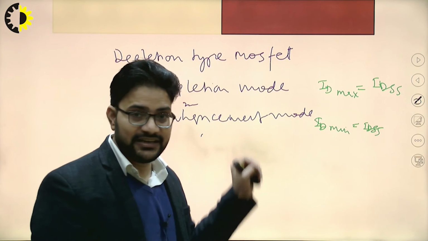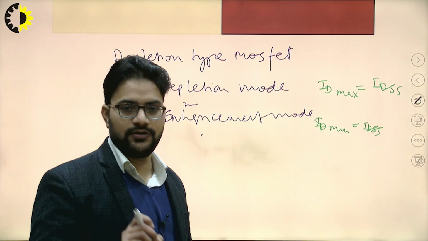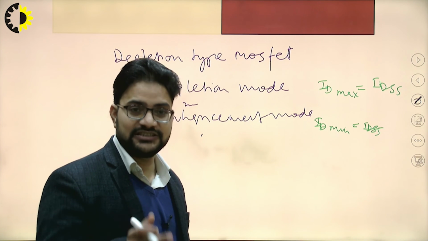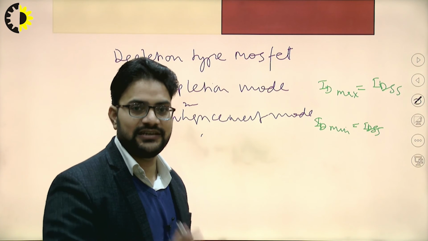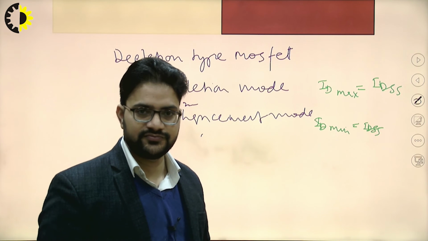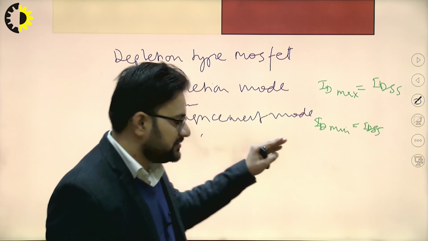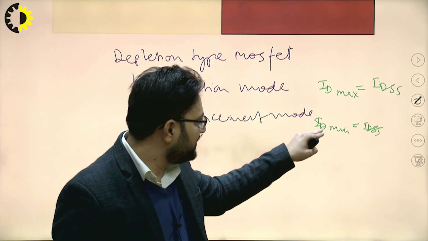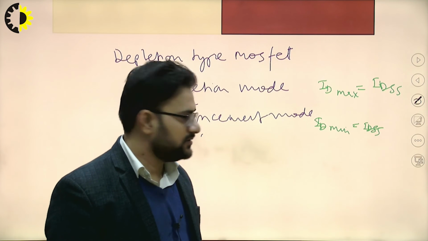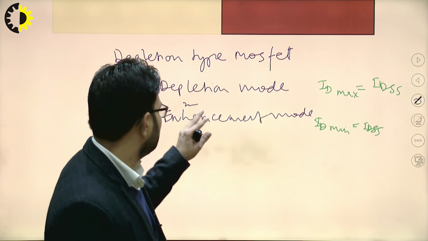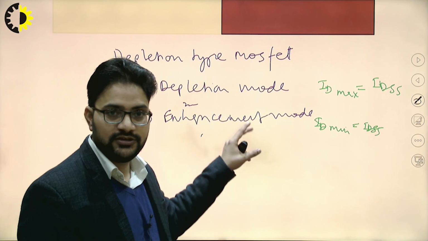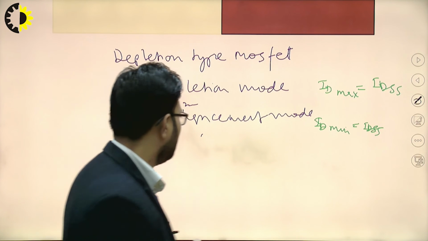But whenever we connect the positive terminal of the battery to the gate side, then the number of charge carriers in the channel will increase, so that the drain current will increase, right? That's why we say that this minimum drain current will be equal to IDSS, right? So these are the two types of this MOSFET, right?